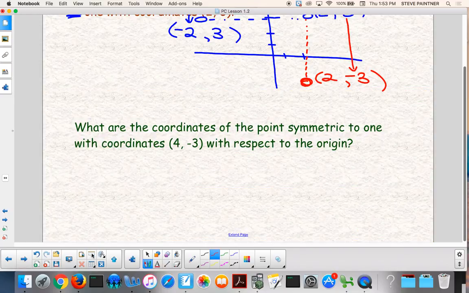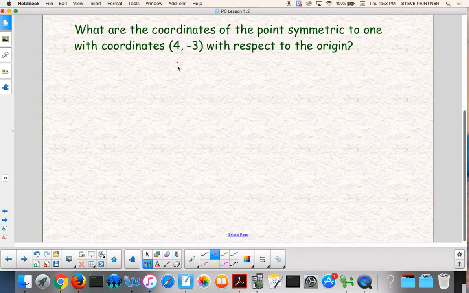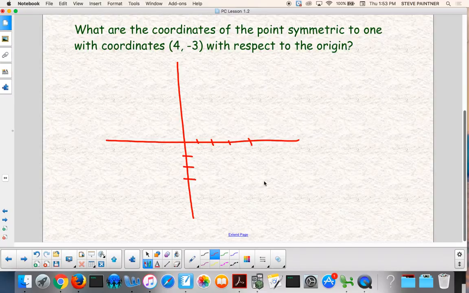Okay, now do this one. What are the coordinates of the point symmetric to the one with coordinates 4, negative 3 with respect to the origin? If you go through the origin, guys, if you go right through it, that distance must equal this distance right here.